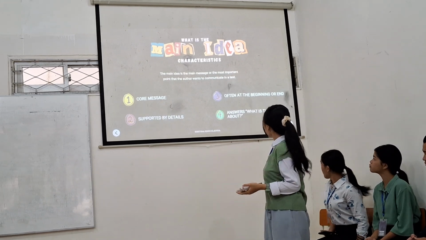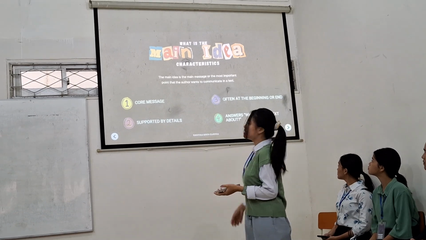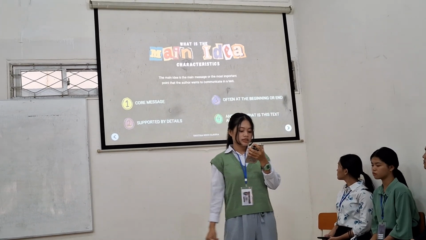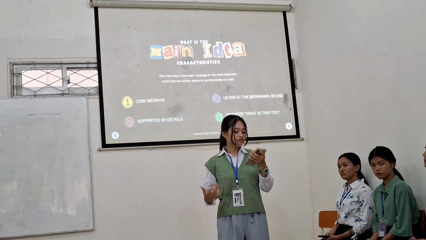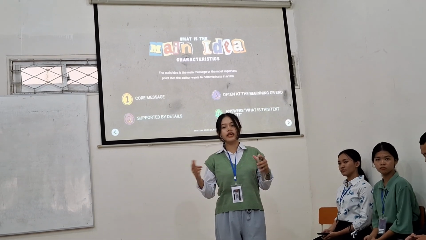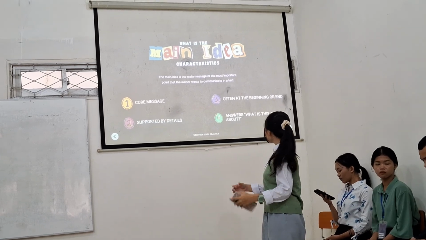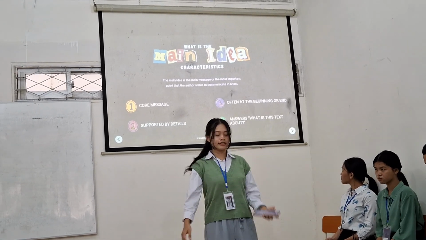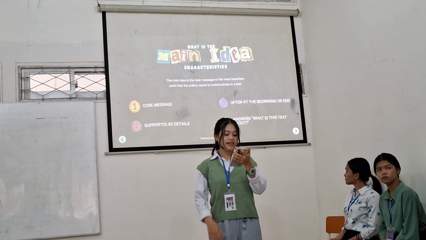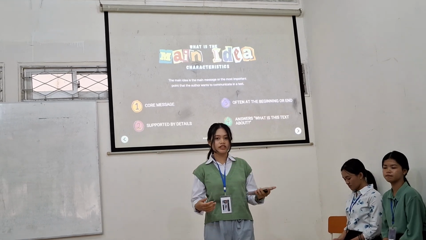Third, often at the beginning or the end. The main idea is often found in the first or last sentence in a paragraph. The last one, answers what the text is about. The main idea explains the topic or purpose of the text.